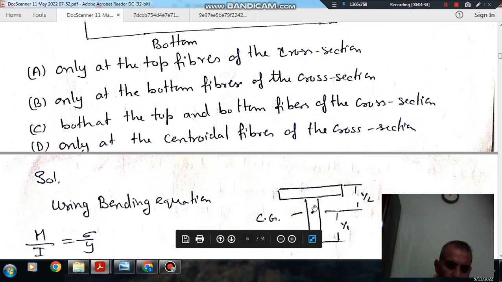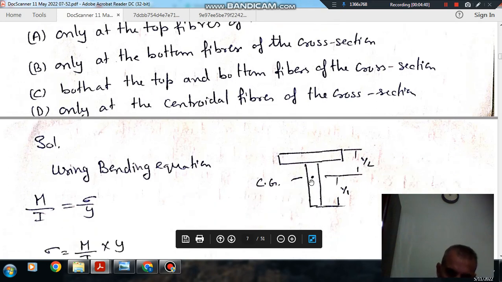So this is your cross section, this is your Y1. In the T section the CG is here, so Y1 will be greater than Y2.